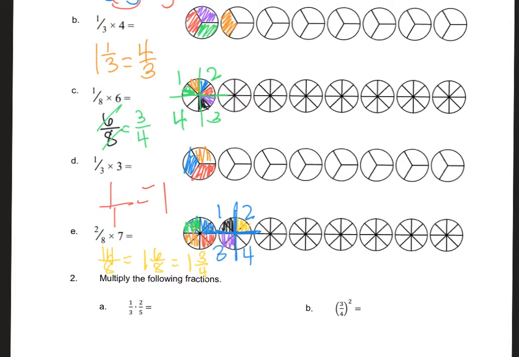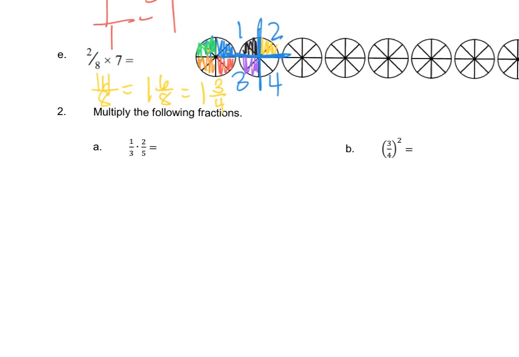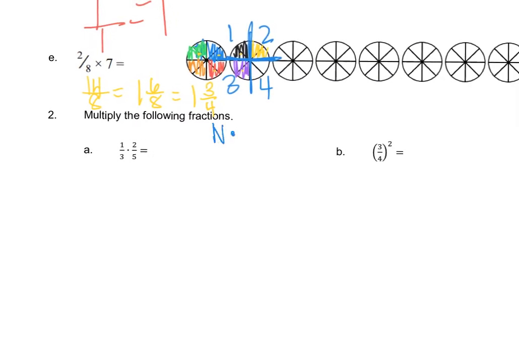So what are we really doing when we're multiplying? What are we doing without this picture if we take this picture away? Well, we're taking the numerators and multiplying them by a numerator, and we're taking the denominator and multiplying it by a denominator. Now, this is different than when we added or subtracted, because then we changed the numerators but did not touch the denominators, okay?